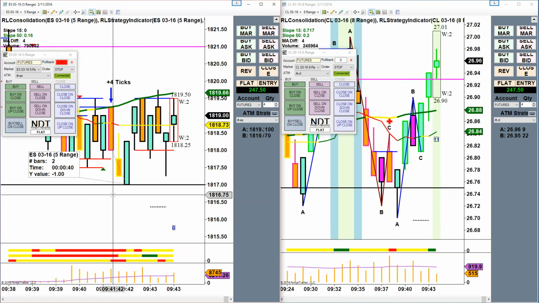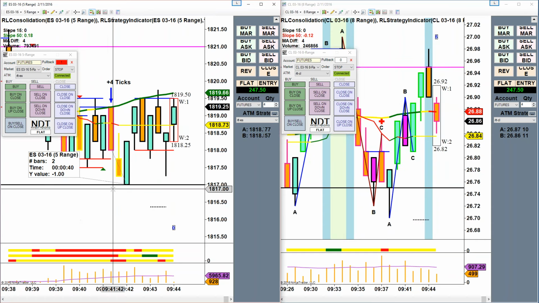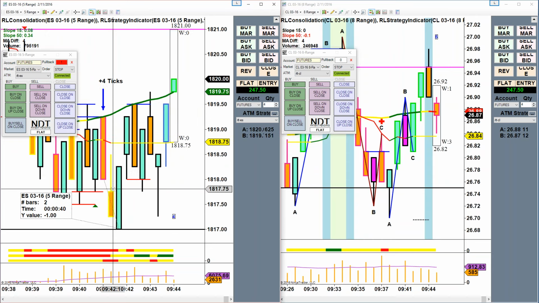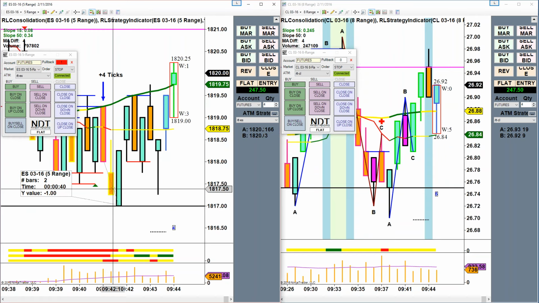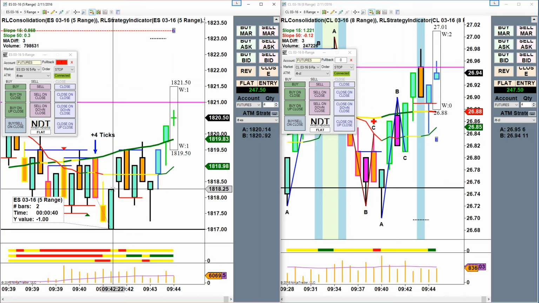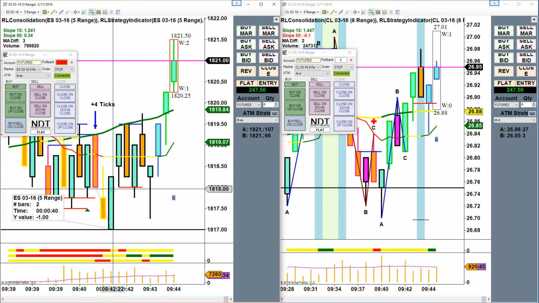The triple quants, just enough room. Didn't have multi-time frame alignment. All right, there goes the E-mini.